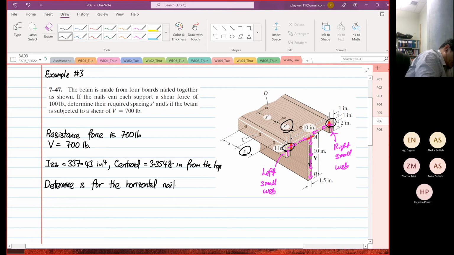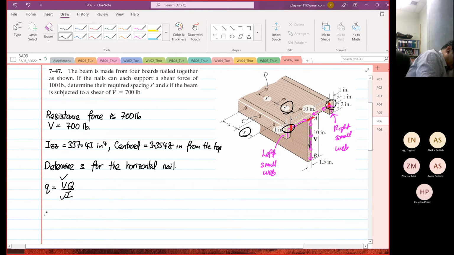We are going to find small q, which is equal to VQ over I. So we have V, we have I, so we only need to find Q. Sorry, we only consider either the left small web or the right small web.